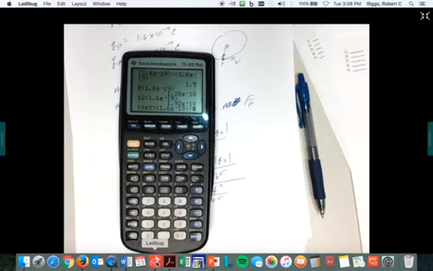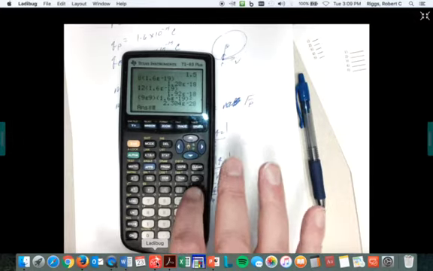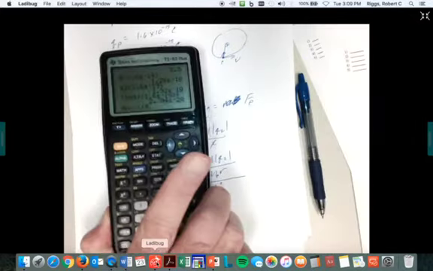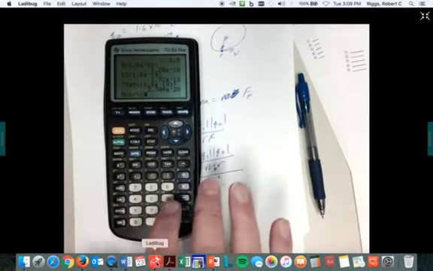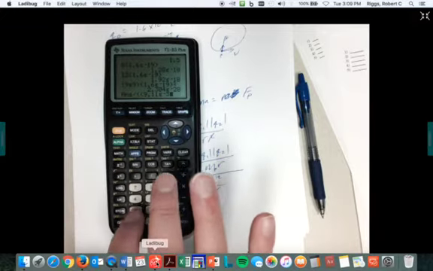All right, then I'm going to compute that, and there it is. Then I'm going to divide that answer by parentheses, and I'm going to put the mass of the electron in here, which is 9.11 second e to the negative 31.